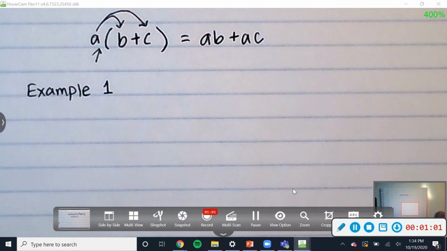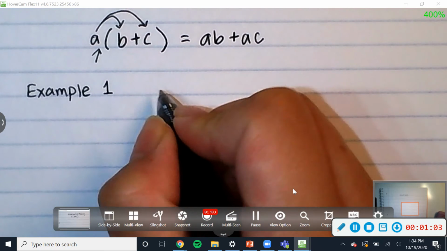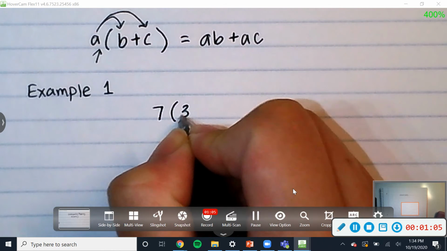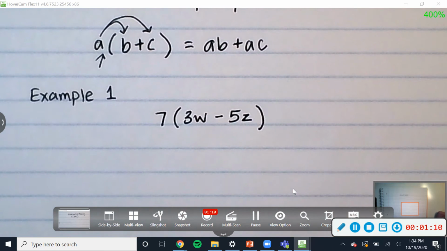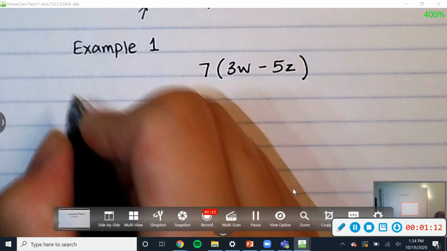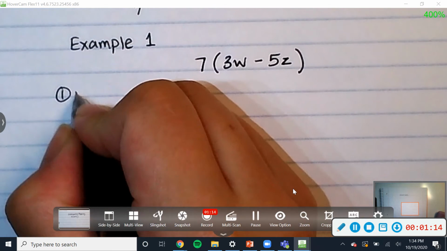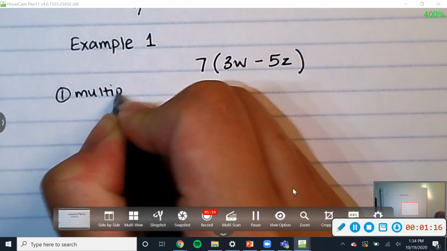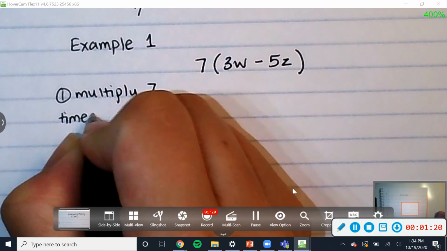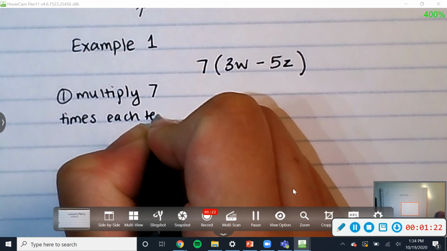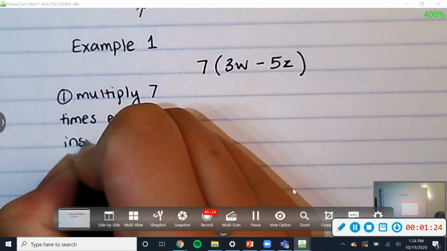So in example 1, we have 7 parentheses 3w minus 5z, close parentheses. So for the first step here, what we are going to do is multiply the number on the outside, which is 7, times each term that's inside the parentheses.